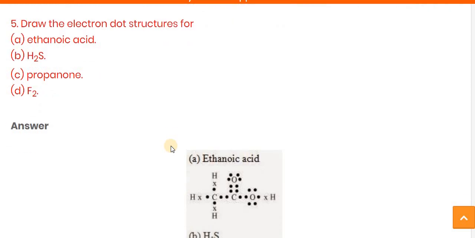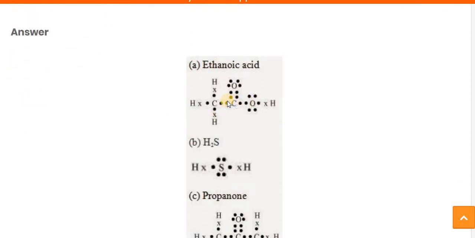Let's see the electron dot structure of ethanoic acid. Here ethane means 2 carbon atoms, and oic acid means the carboxylic acid is there. So the chemical formula becomes CH3COOH. So here the electron dot structure is given. As we know, the carbon possesses 4 electrons in the outermost orbit.